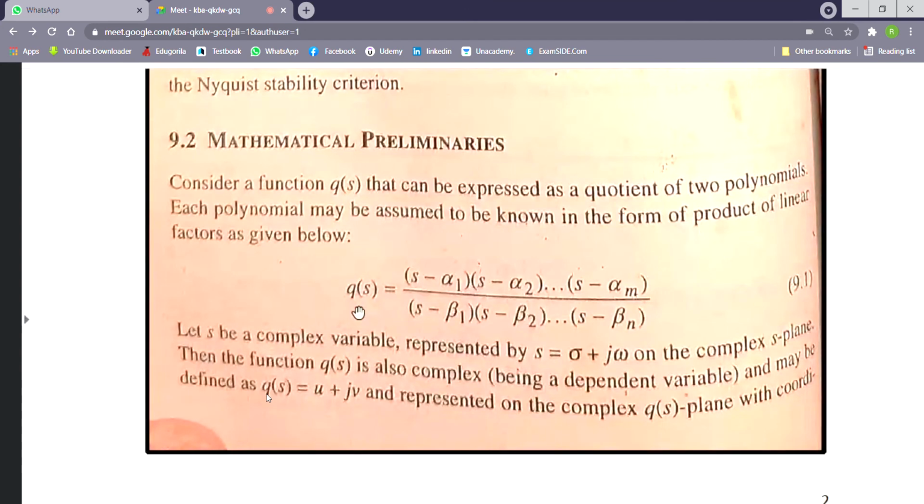Singular points are the points at which either the function or its higher derivatives do not exist, right? Yes. And the points at which this function does exist, those points are called analytic points, isn't it? Yes, ma'am.